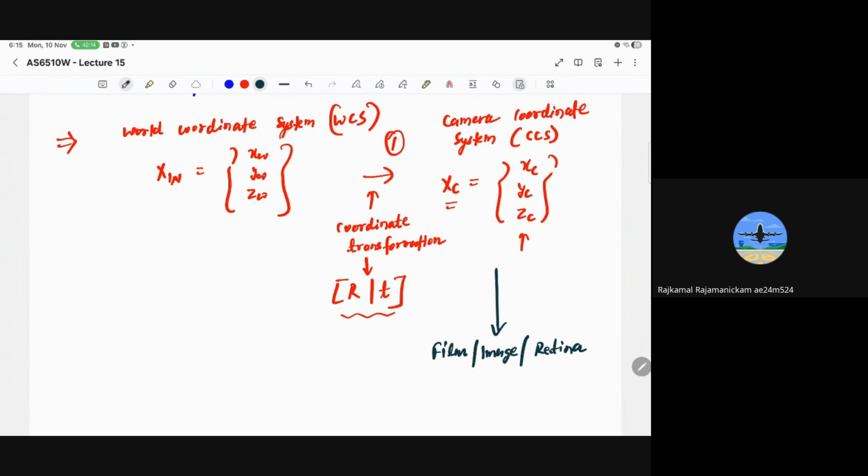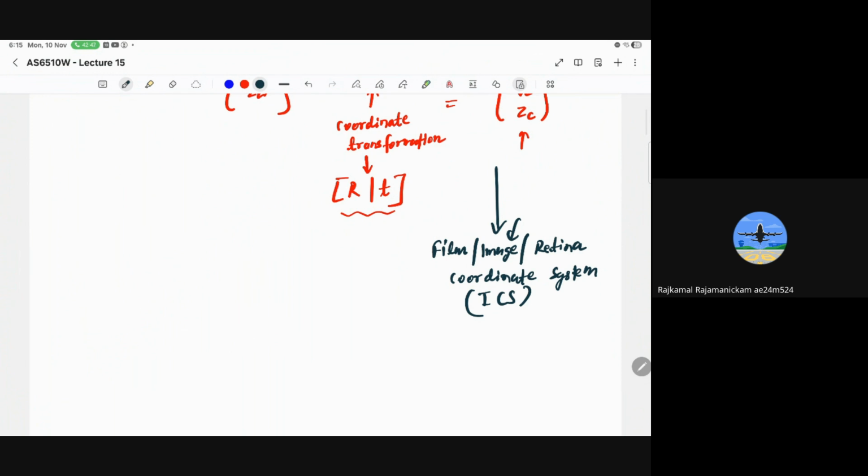This would also have a coordinate system, so that's why the film or image coordinate system. I'll call it IC. Wherever the image is forming inside the camera, that is the place I am trying to formulate, and for that the coordinate system is the image coordinate system.